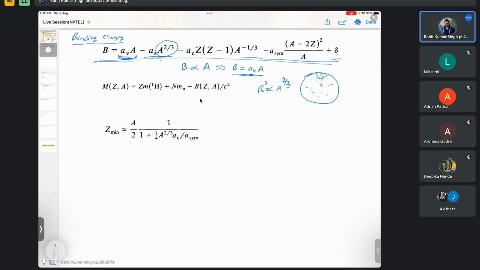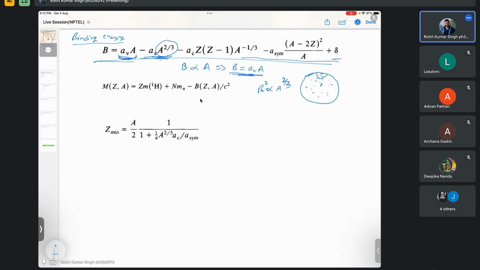And AS is the proportionality constant again for the surface term. So we subtract this surface term so that we don't overestimate with the volume term.